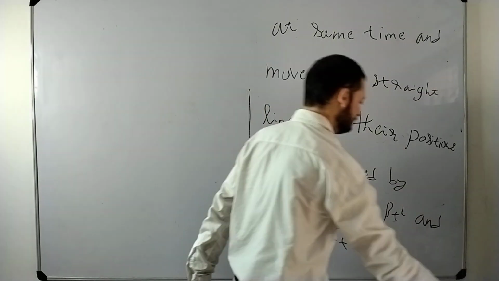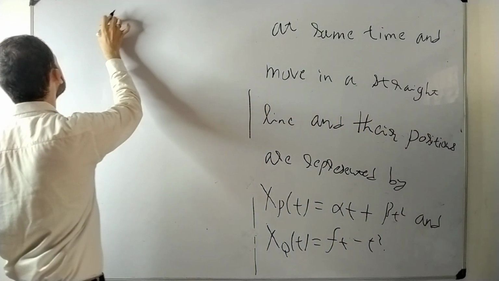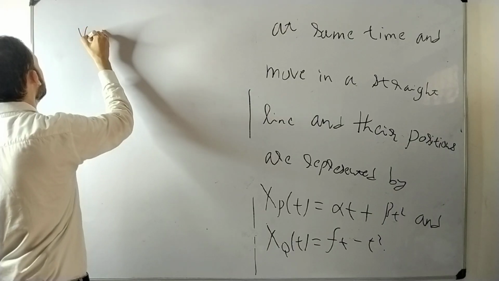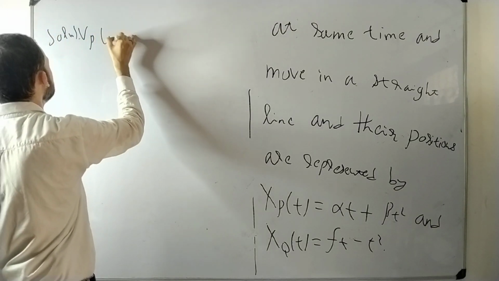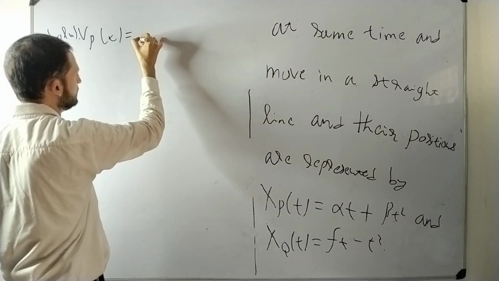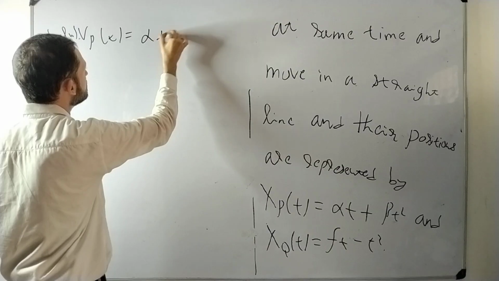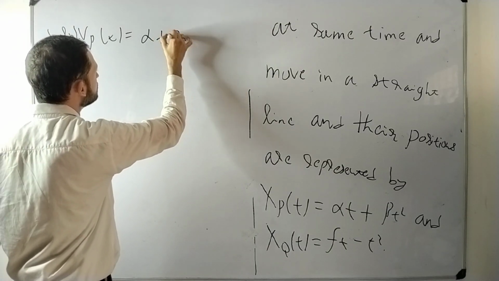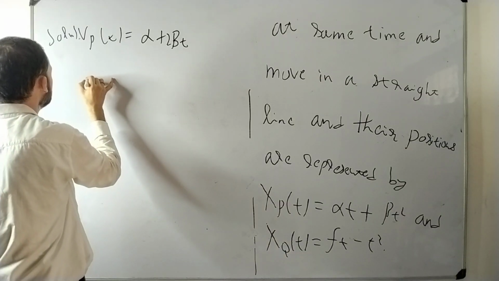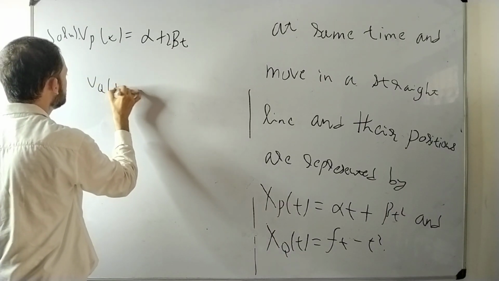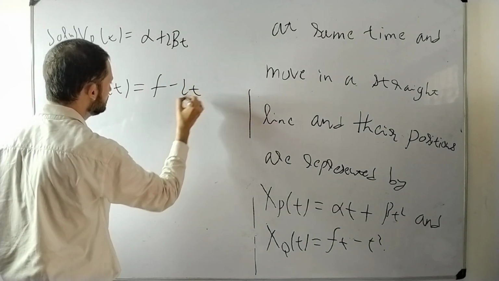So what should I do? So differentiate it. Solution: VP(t) should be what, students? Alpha plus 2 beta t. And this is what, students? VQ(t), and this should be f minus 2t.